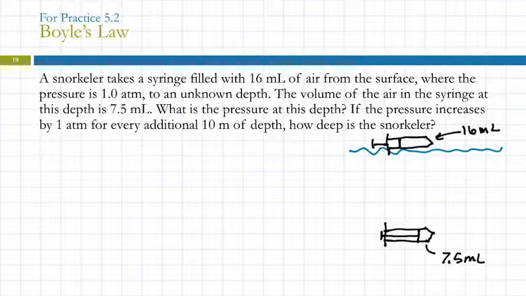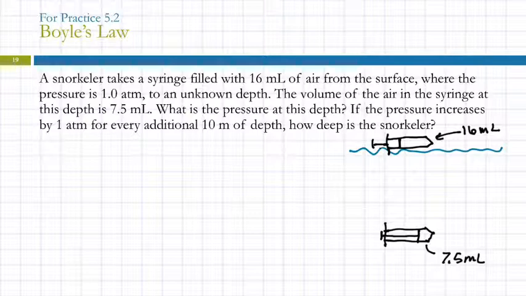Why did the gas get smaller? Because the pressure changed. As you go down under the water, you get more and more pressure. If you've gone down to the bottom of a swimming pool in the deep end, you might feel in your ears there's pressure, right? It's the water pushing on you. So we have a volume change, and what do we know about the pressure at the surface of the water?